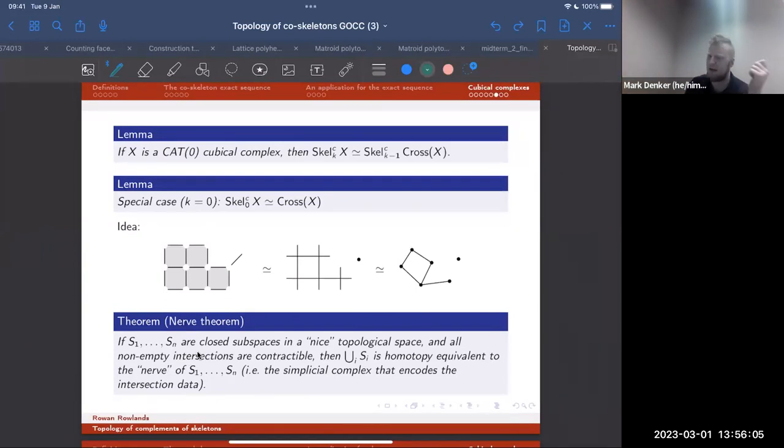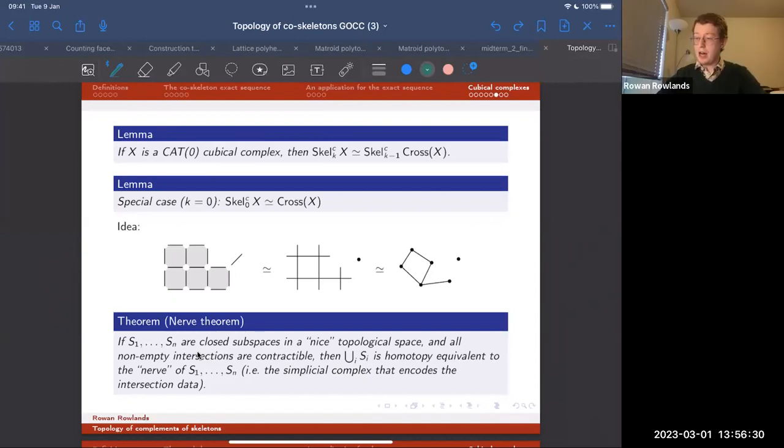So this is true for CAT(0) complexes. Is there a bigger class of complexes this should be true for? Is CAT(0) sharp, or is CAT(0) just a nice case, but there are other complexes that should have this homotopy equivalence?